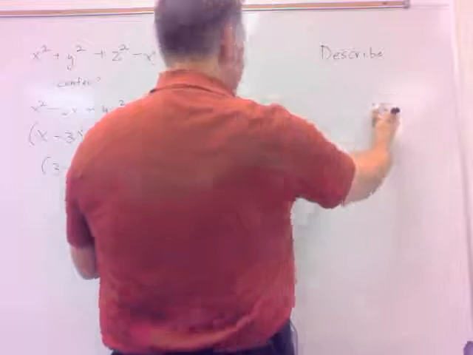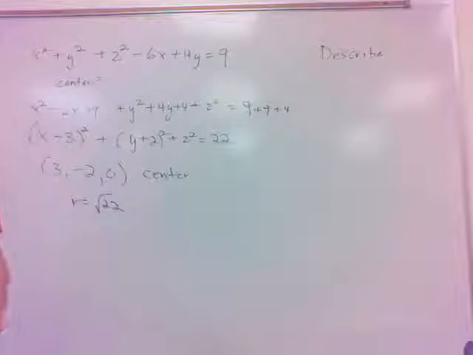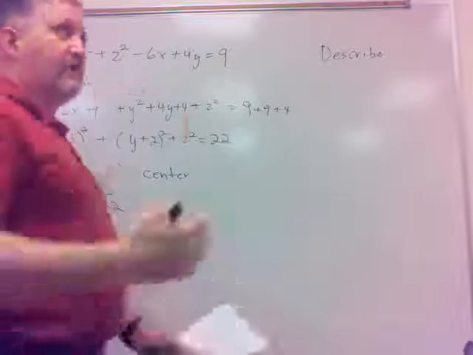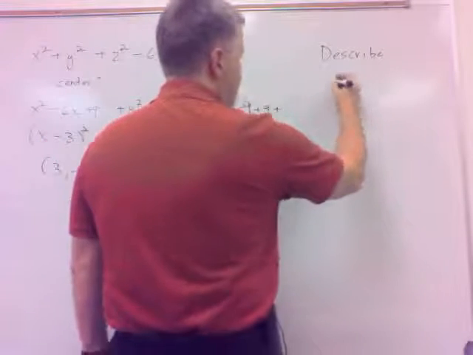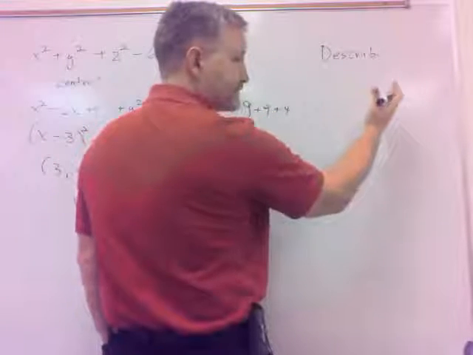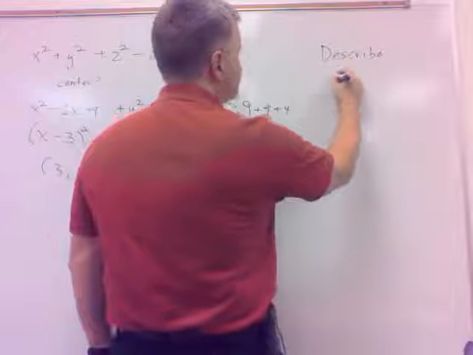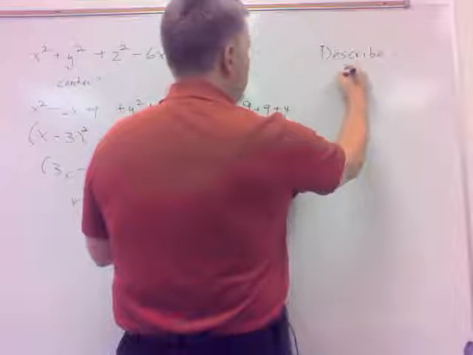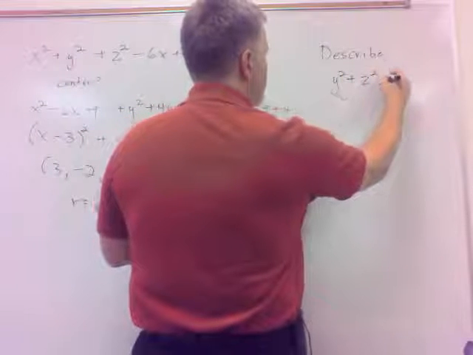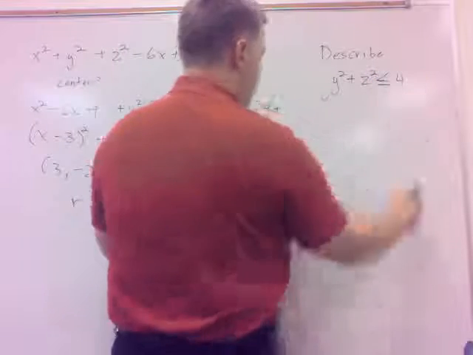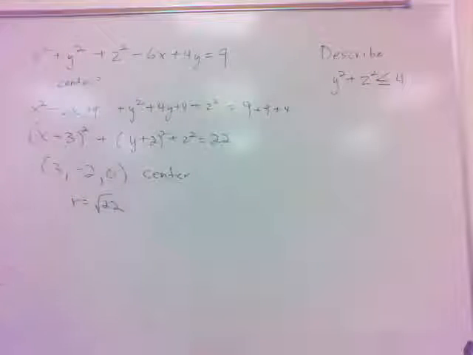Let's go back to the describe. We saw that z equals 3. That's a plane. x squared plus y squared equals 9 is a tube or a cylinder. What if we throw in an inequality? Got a couple of those for you.